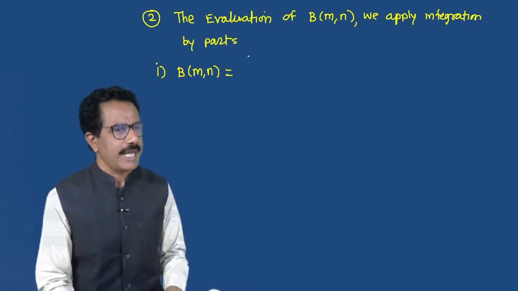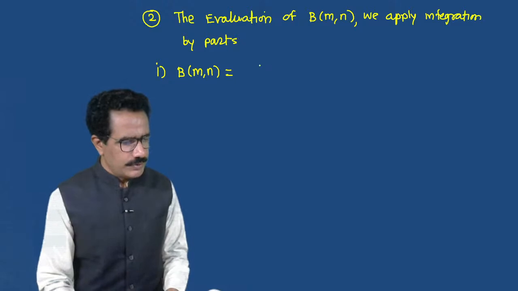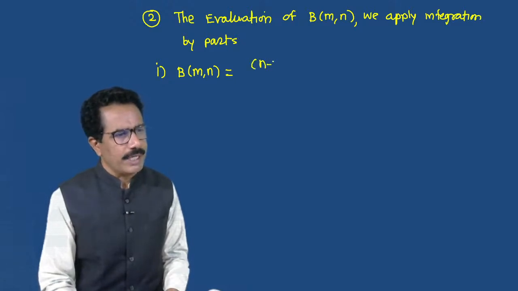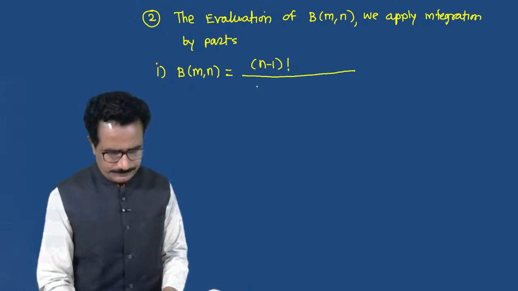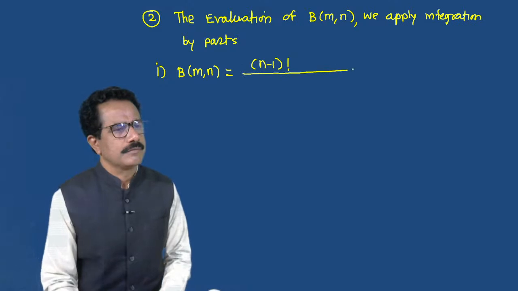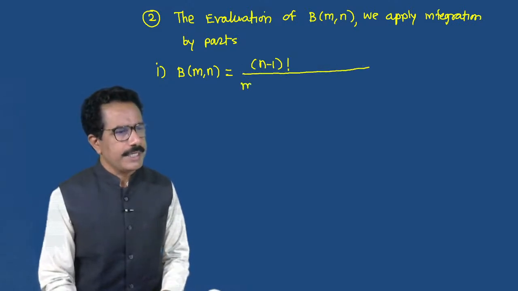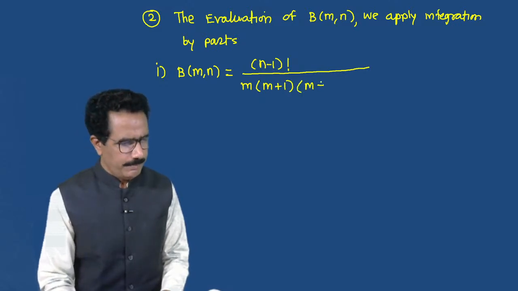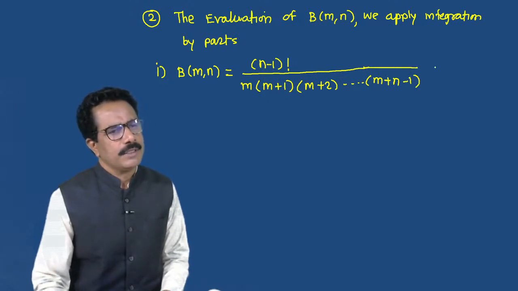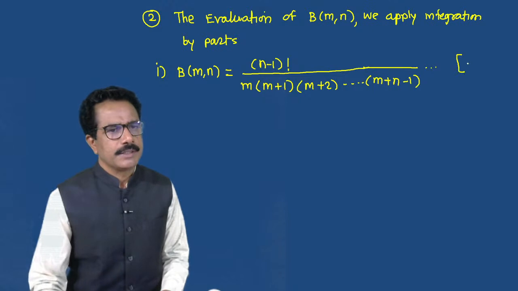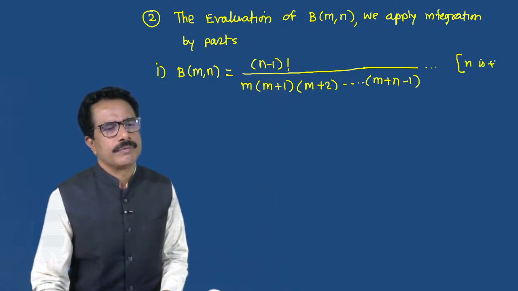Number 1: beta m comma n can be written as n minus 1 factorial divided by m into (m plus 1), (m plus 2) dot dot dot (m plus n minus 1). This is when n is positive.